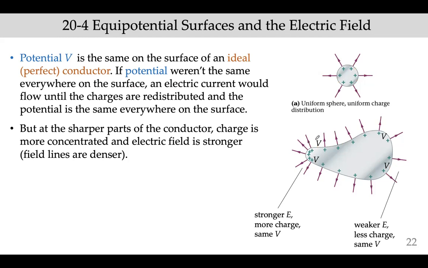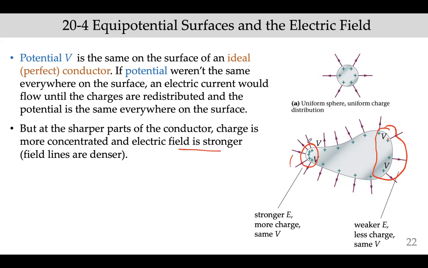But what about electric fields? At the sharper parts of the conductor, charge is more concentrated. You can see that there's more charge at the sharp edge or the sharp part than this less sharp part, so less charge here. And the electric field is stronger at the sharp points.